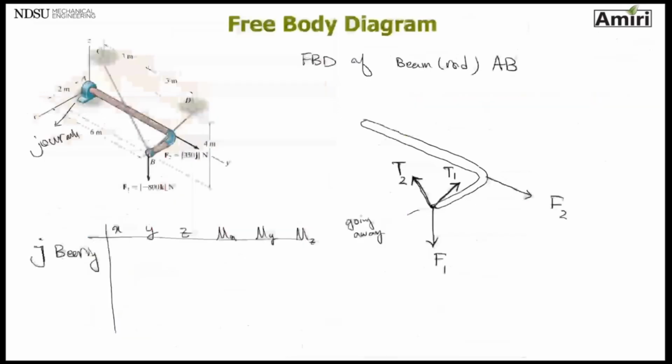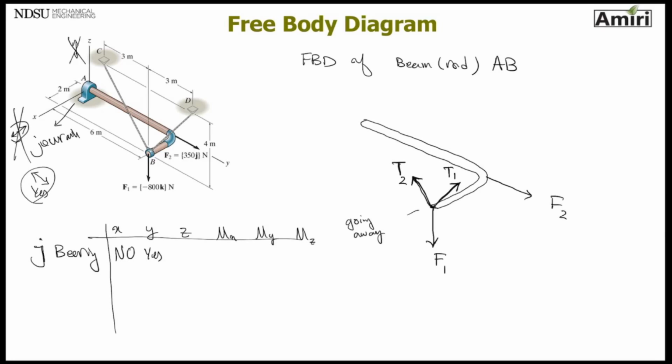Okay, so let's see. In X direction, does this move in this X direction? No. Does this move in Y direction, back and forth? Yes. That's the point of having a journal bearing. Does this move up and down in Z direction? No, it doesn't. Okay.